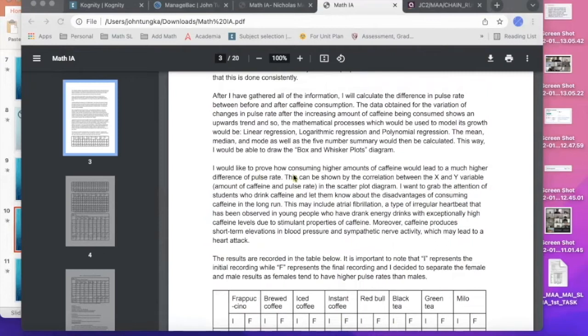I would like to prove how consuming higher amount of caffeine would lead to much higher difference of pulse rate. Is this your aim? Yes. Okay, clarify that. And having mentioned your aim, what is it that you want to produce out of your IA?